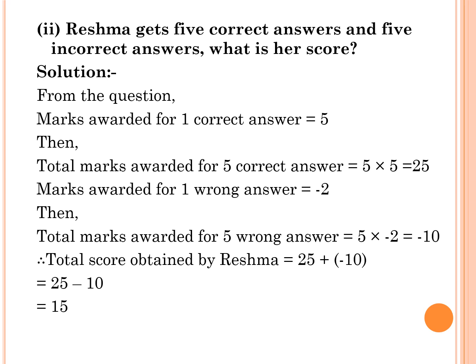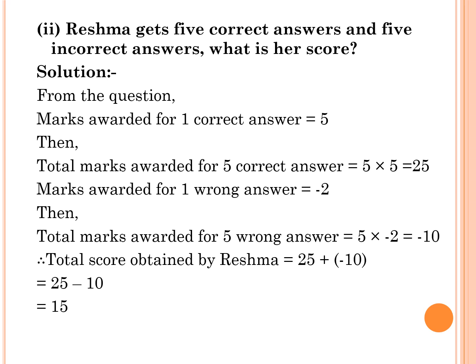From the question we can see that marks awarded for 1 correct answer is 5. Then total marks awarded for 5 correct answers is 5 into 5 gives you 25. Marks awarded for 1 wrong answer is minus 2. Then total marks awarded for 5 wrong answers are 5 into minus 2 gives you minus 10.